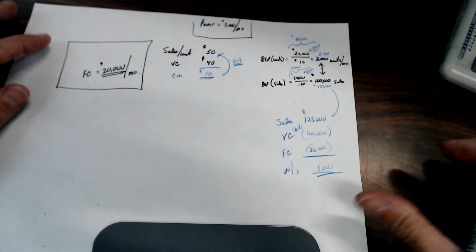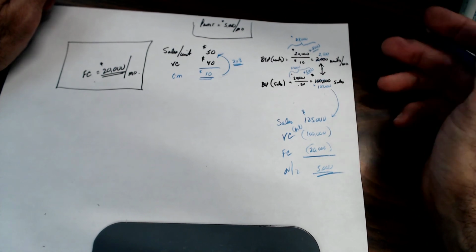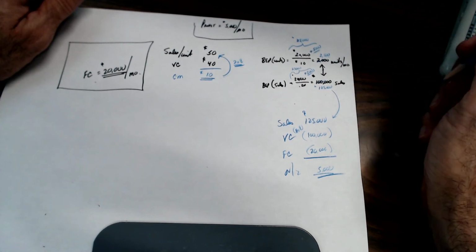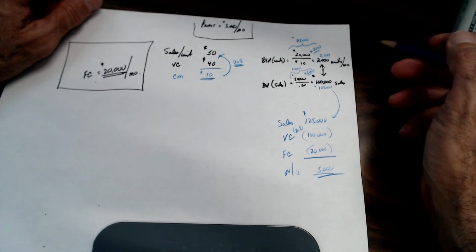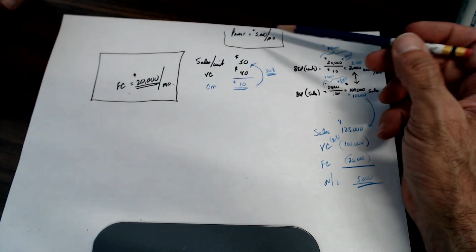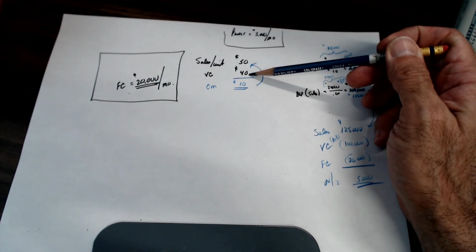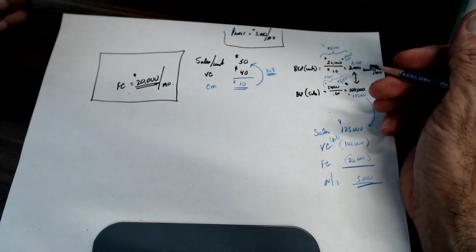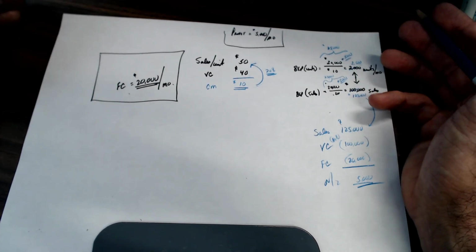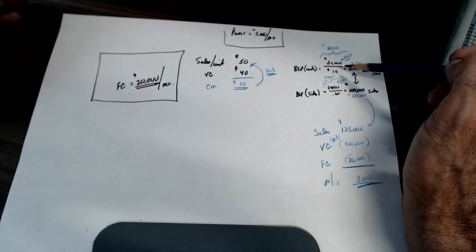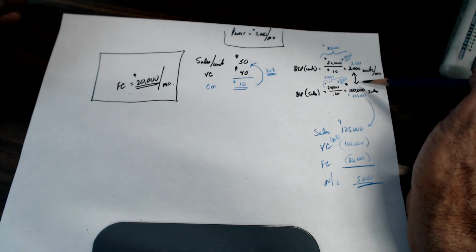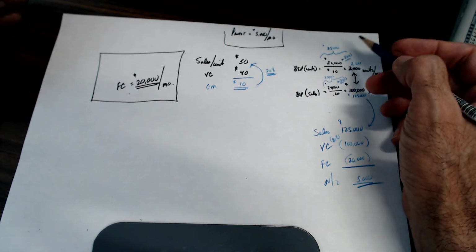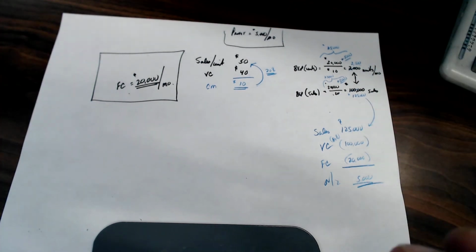See how these fairly simple formulas really yield a lot of good information to us. If we just know what the sale price is, the variable costs and the fixed costs, I can compute the break-even point in units and in sales dollars. I can use that to compute what my units and sales need to be to generate a certain amount of profit.